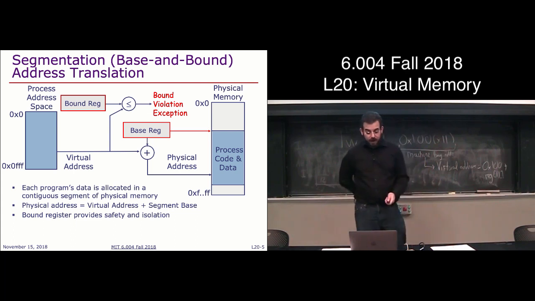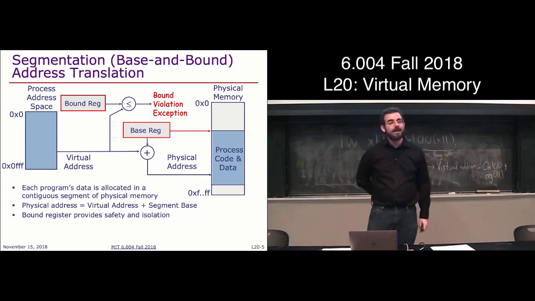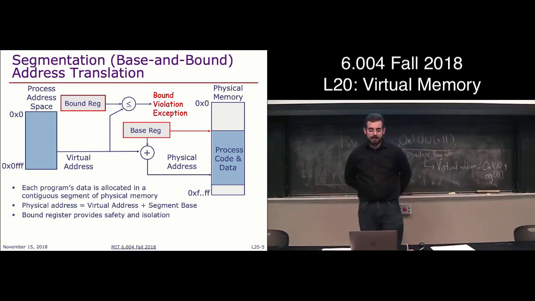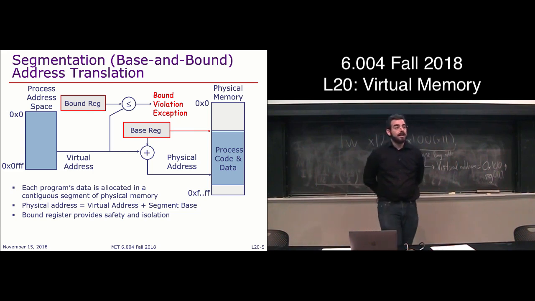So if the process tries to access some location over here, which would correspond perhaps to some data that's outside the process, maybe it's the kernel's data, maybe it's the data for a different process, maybe it's some free physical memory, whatever it is, we do not want this process to access it, and so we trigger an exception if it tries to go out of bounds.